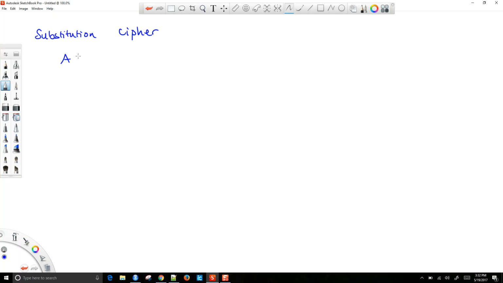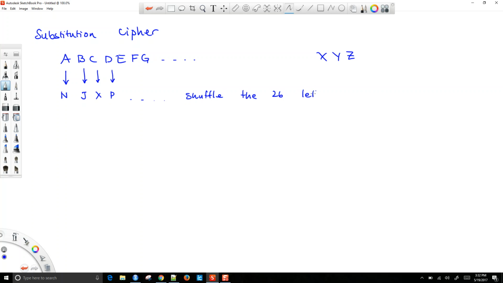works like this. You have A, B, C, D, E, F, G, etc., X, Y, Z. And then you mix up the letters and you say, now A is the letter N, and B is the letter J, and C is the letter X, and D is the letter P, and basically you just shuffle the 26 letters here.